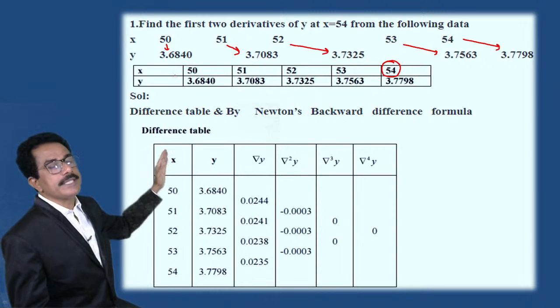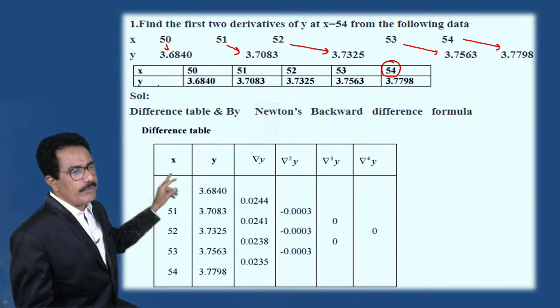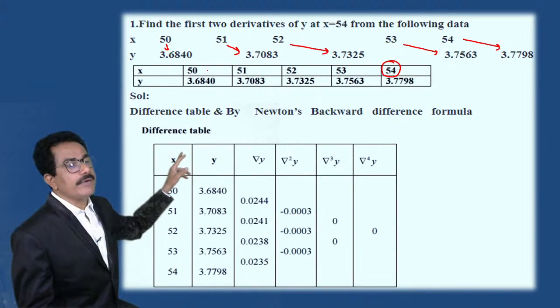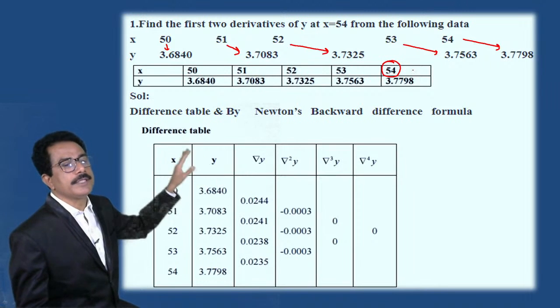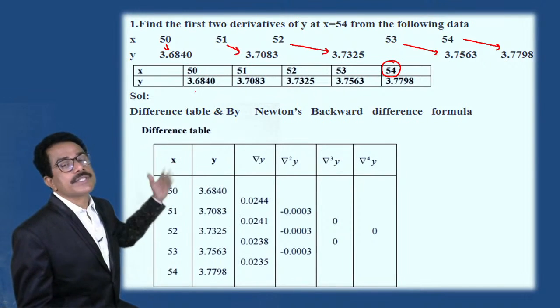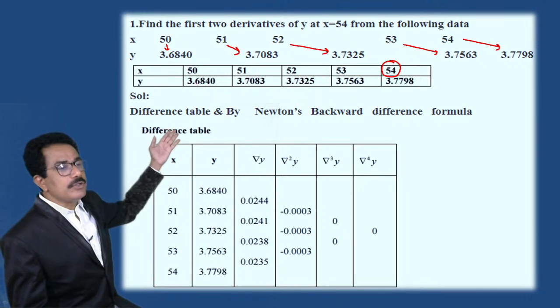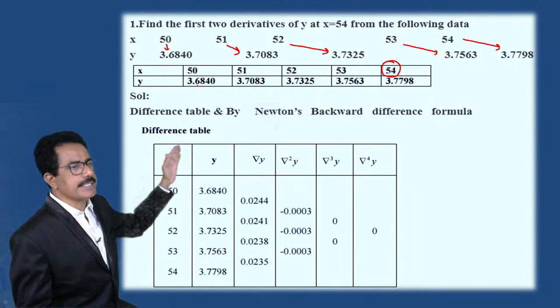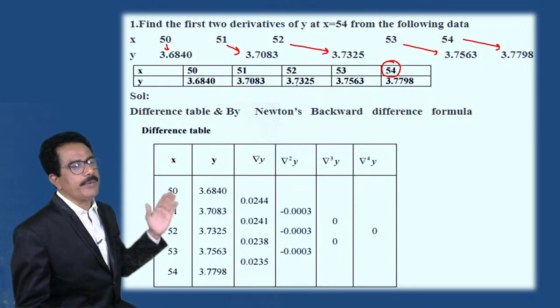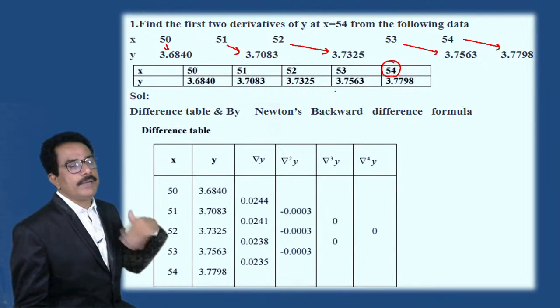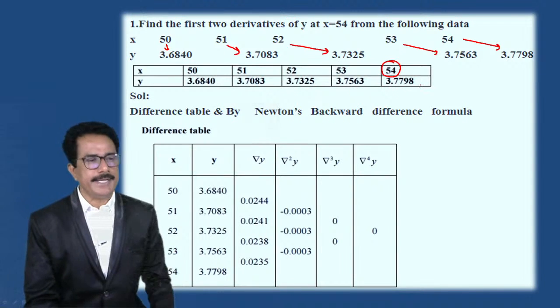We can represent this in the form of a table of x and y. X has the values 50, 51, 52, 53, 54. Its corresponding entries are 3.6840, 3.7083, 3.7325, 3.7563, 3.7798.